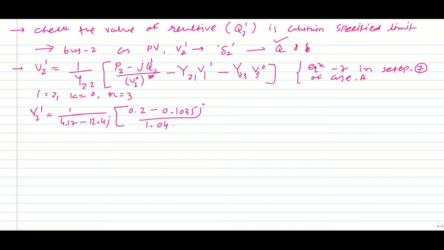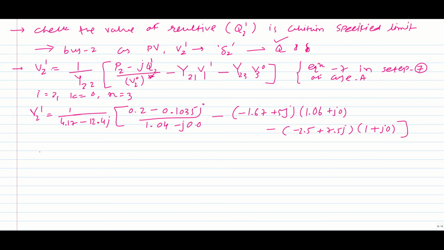Here j0 minus Y21, which is minus 1.67 plus 5j, times V1, the voltage at bus number 1, which is the slack bus voltage already given to us, minus Y23, which is minus 2.5 plus 7.5j, into the bracket V30, which we have already considered for flat start voltage at bus number 3, the PQ bus, 1 plus j0.